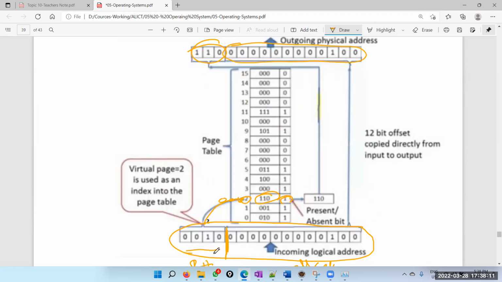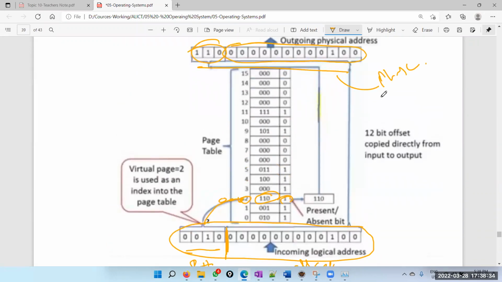For this logical address, this is the physical address. You can see that it is not rocket science. It is just simple logic that an A-level student should be able to understand.